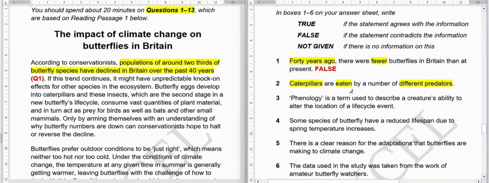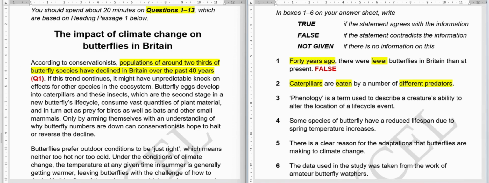But if it is eaten by only one species, the answer will be false. And if we don't know how many different predators eat it, or who eats it, we will say the answer is not given. I hope it is clear.